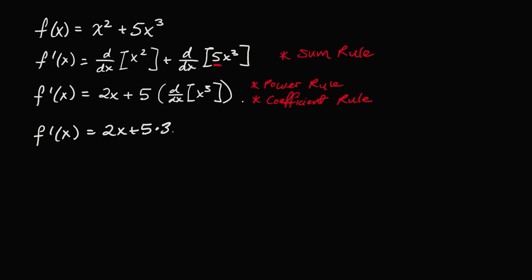Our variable is x, and then n minus 1 is just 2, so we put 2 as the exponent. And of course, if we simplify it, it'll lead us to 2x plus 15x squared. That is our derivative of x squared plus 5x cubed.